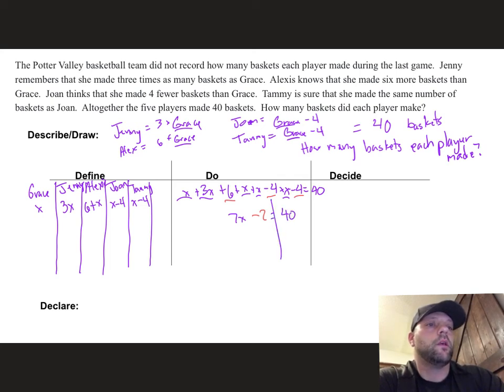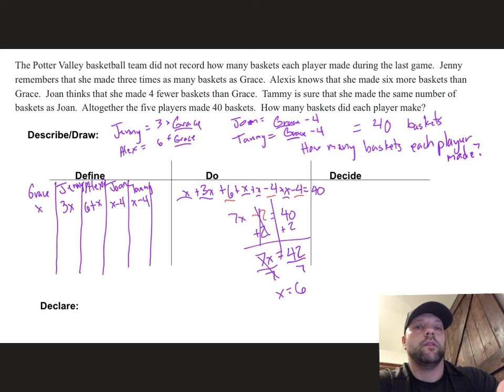Okay, so again, balancing this. What I do to one side, I must do to the other. So to make my 0 pair, a negative 2 would make a positive 2. So that's going to leave me with 7x is equal to 42. Now I divide by 7, and x is going to equal 6.